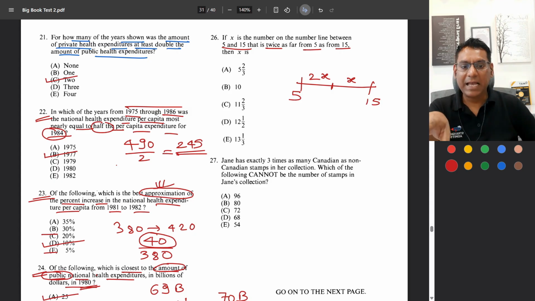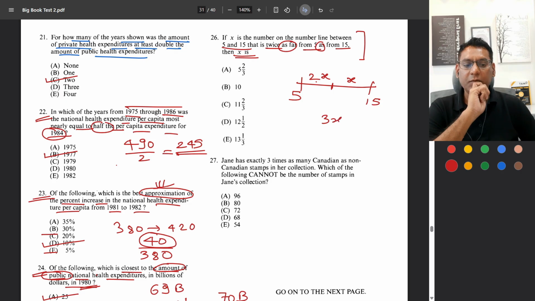Whenever there is this as far and everything, I read it again just so that I don't plot something reverse. The relationship has to be 2x and x, and not x and 2x. Sometimes you tend to mess that up. So x is a number on the number line between 5 and 50, that is twice as far from 5 as from 50. Then x is what? Pretty simple. This whole distance is 3x, which is what?